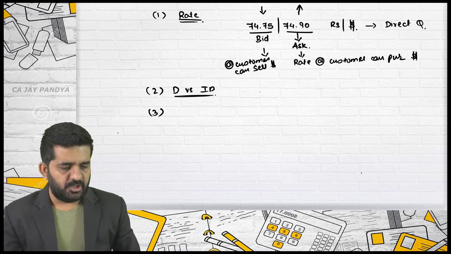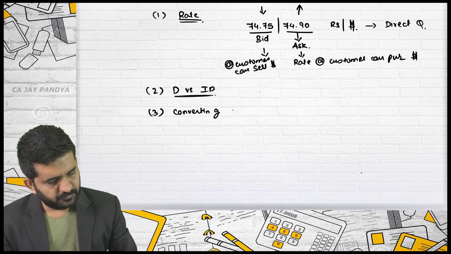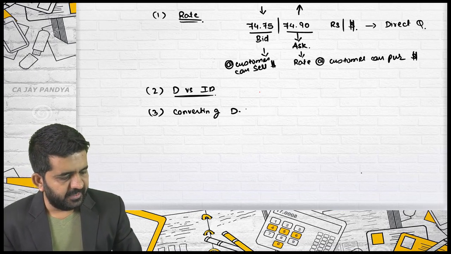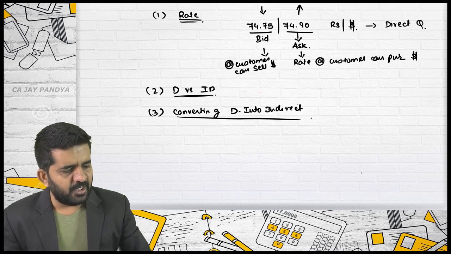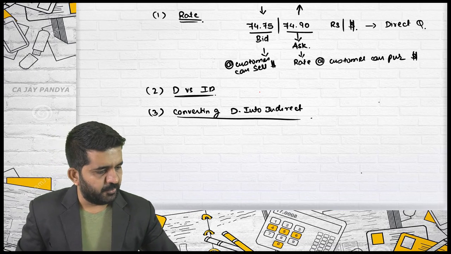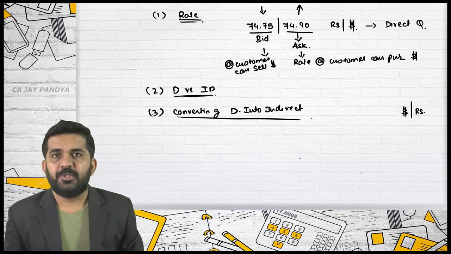The third point which we understood is converting direct into indirect. So I have written one quote. Let me convert this direct into indirect. The indirect quote will be dollar per rupees. Is it alright?